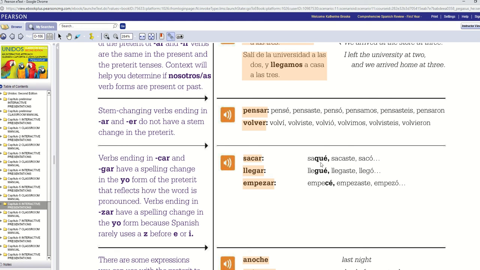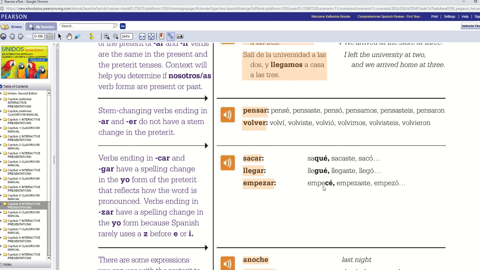The way to get that hard C sound before an E is Q-U, saqué. Right here, if you put G-E and then left out this U, it would say llegé because G before E is a soft G sound or an H sound from English. Okay, so if you add the U, it allows you to make that hard G sound, llegué.